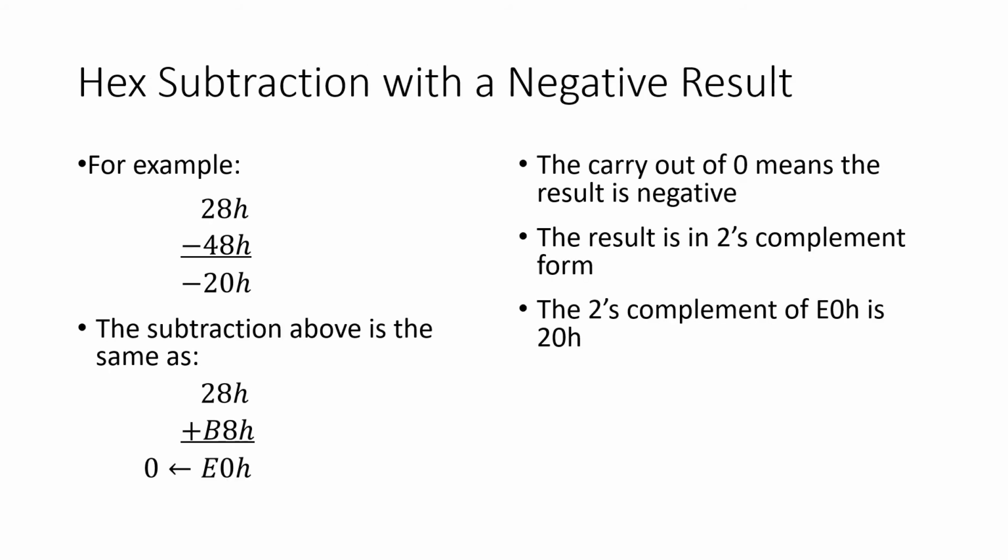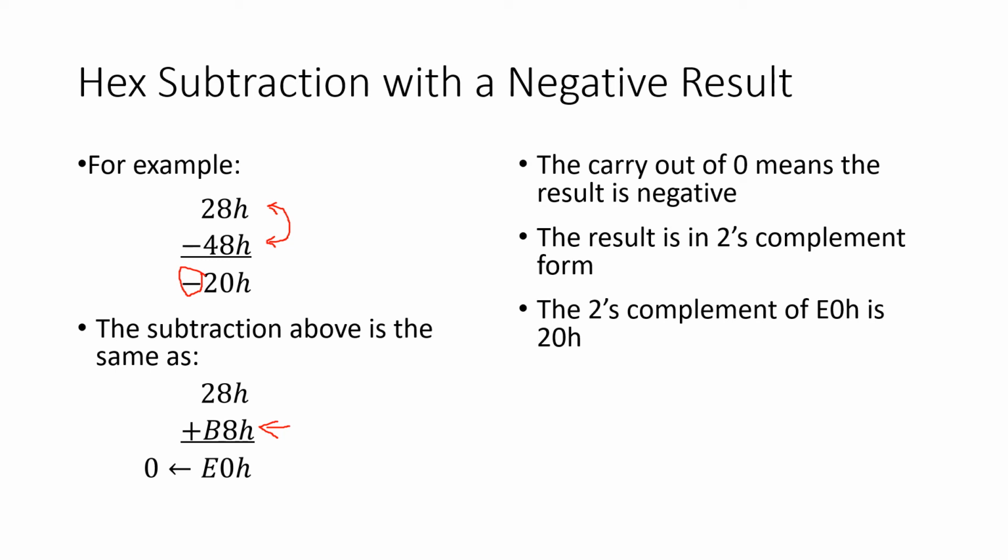Well, what happens if I subtract hex values and get a negative result? Typically, when we subtract a larger quantity from a smaller quantity, we simply reverse the position of the minuend and subtrahend, perform the subtraction, and then stick a negative sign in front of it. But this subtraction would be the same as taking 28 and adding the 16's complement of the subtrahend, or B8.